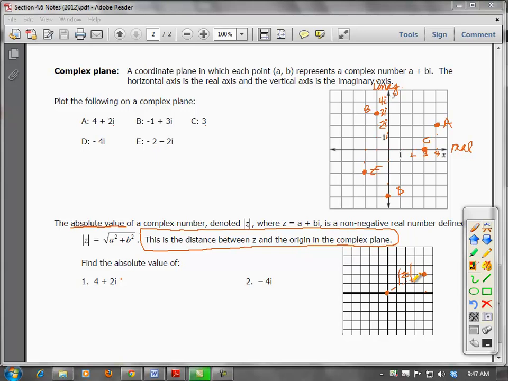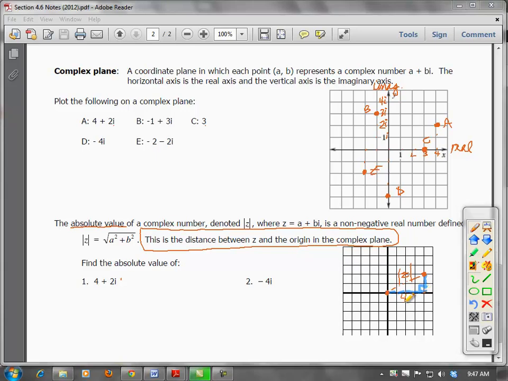In order to find the distance, we're basically going to use the distance formula, or actually, we're going to end up doing this. We're going to make this triangle. If you can kind of see a triangle now, and we're going to have a right angle, and we're going to use the Pythagorean theorem. Okay, so here's how it works. The distance from here over is 1, 2, 3, 4.